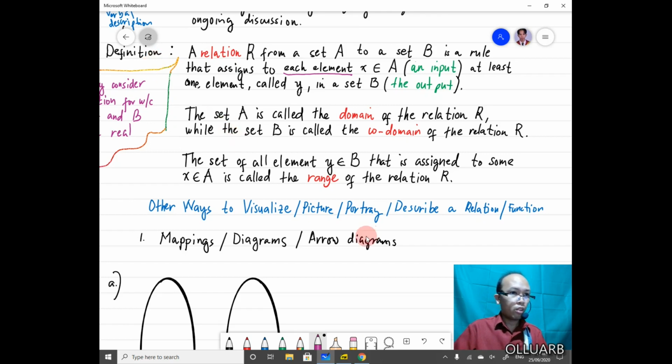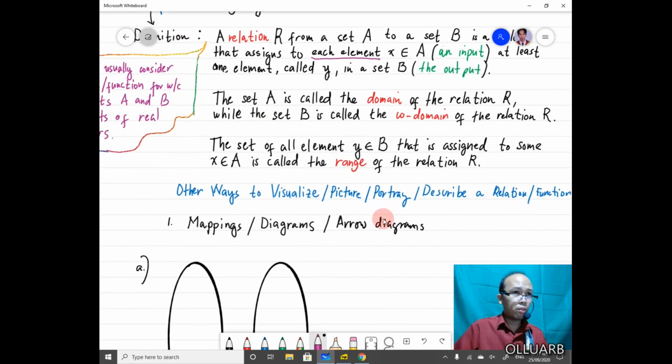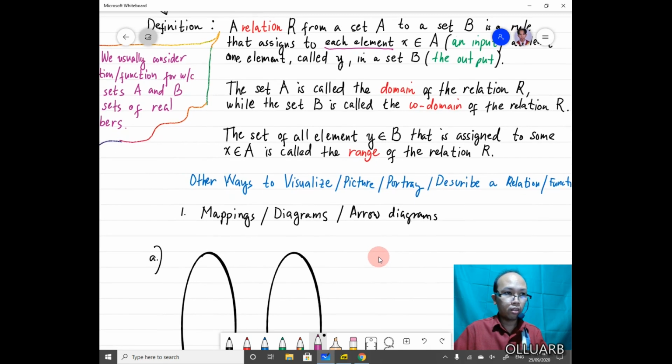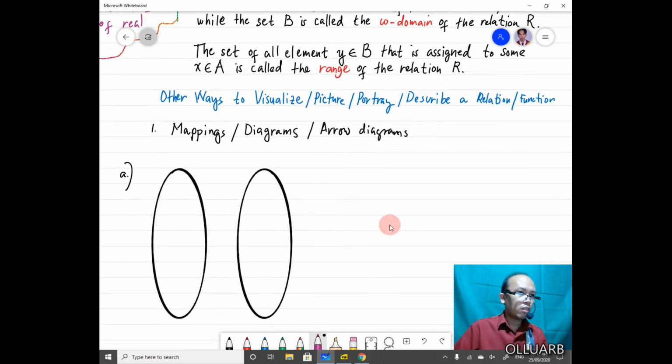Okay, I already gave you an example about the judges and the contestants. Let's try another example by using mappings or diagrams or arrow diagrams.